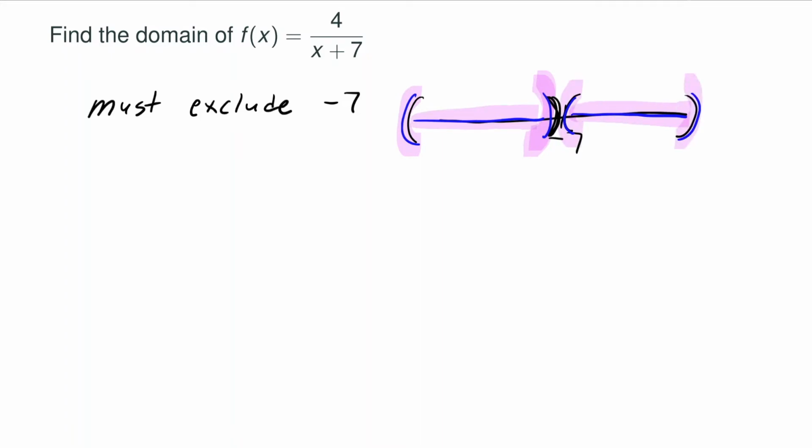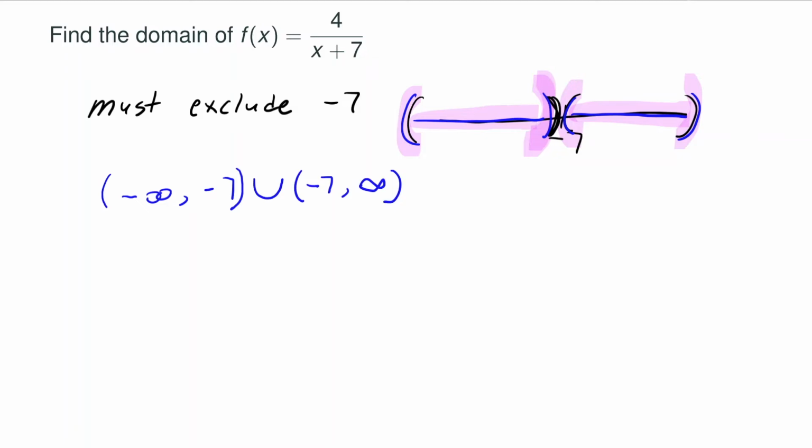So let's write that in interval notation. The domain is negative infinity to negative 7. For infinity, we always put an open parenthesis. And in this case, we exclude negative 7, so we put an open parenthesis. And this union means also negative 7 to positive infinity.